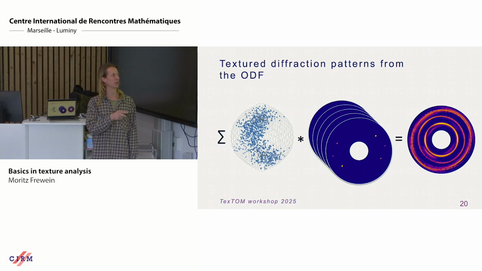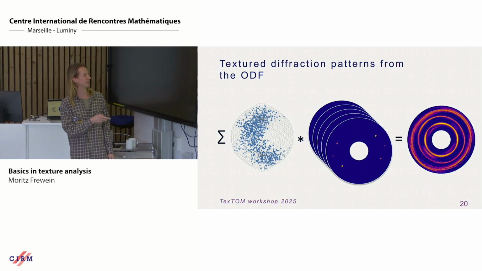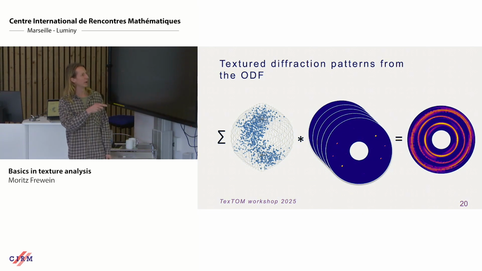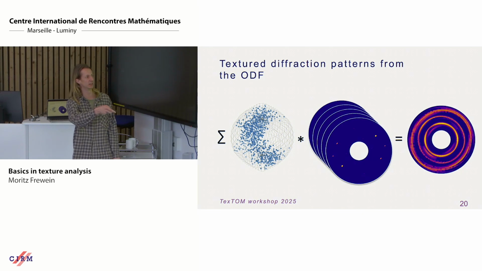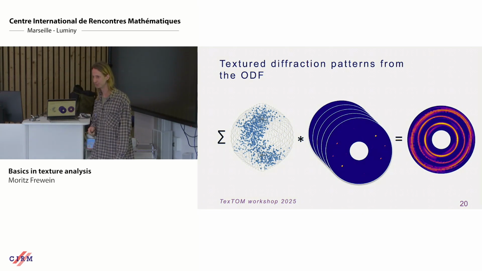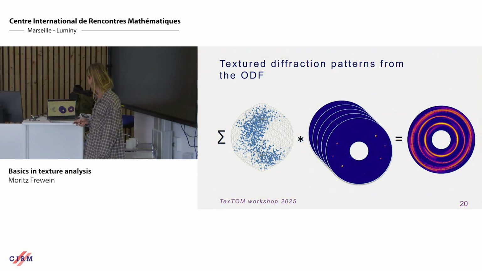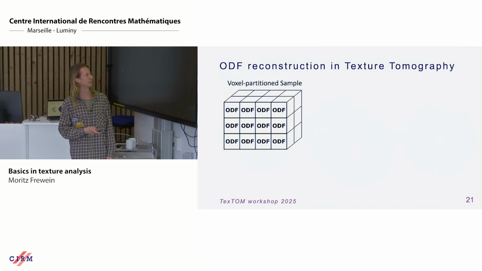We know how to model a diffraction pattern for this crystal orientation. And if we do a sum of all of these possible orientations weighted by the orientation distribution function, we can arrive at a texture diffraction pattern.